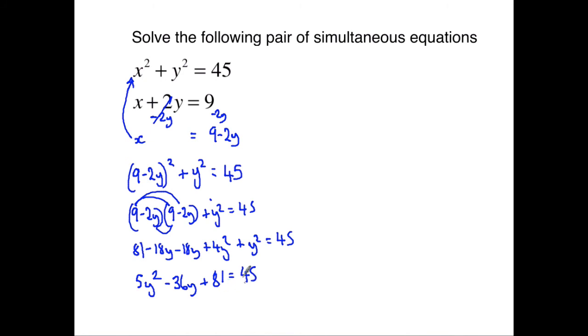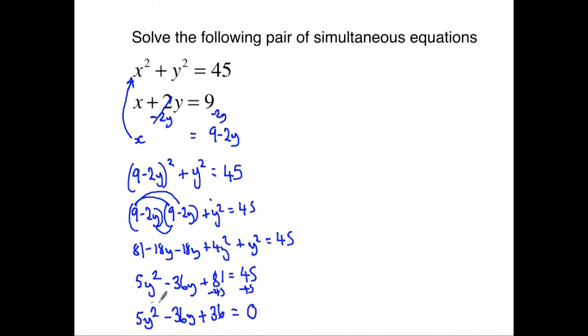So we'll bring the 45 over, taking the 45 away from both sides. We're running out of space on the bottom of this page here, to give us 5y squared minus 36y plus 36. And that now is all equal to 0.